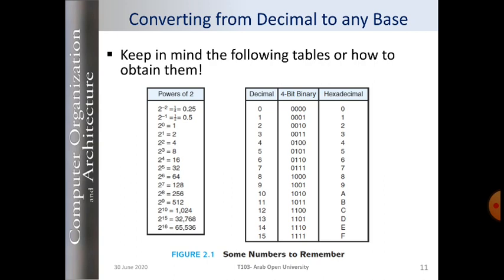We have the decimal numbers 0 up to 15. If we represent these decimal numbers in binary by 4 digits, 0 is represented as 4 zeros, 1 as 0001, 2 as 0010, and so on.